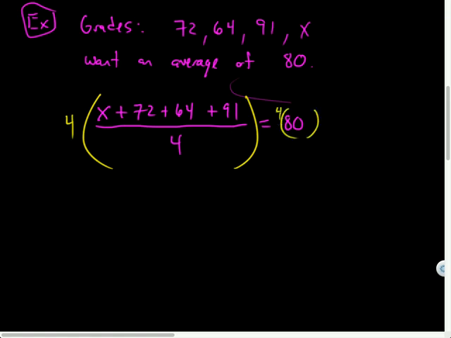Right? And then x plus, what's that? 72 plus 64 is 146. Plus 91 would be 237. So 237 equals 240, and then you subtract it.